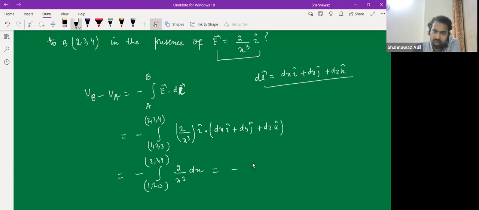So we will get what? So this would be minus, and only the limit of this x will be there, right? We don't have dy, dz integral, so only the x limit would be there. So what is the limit of x? X goes from what to what?